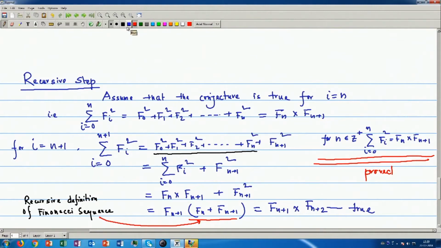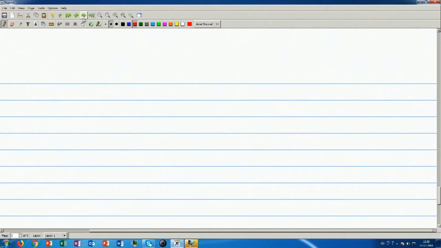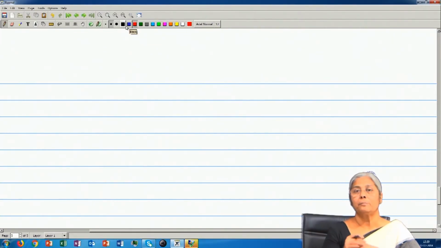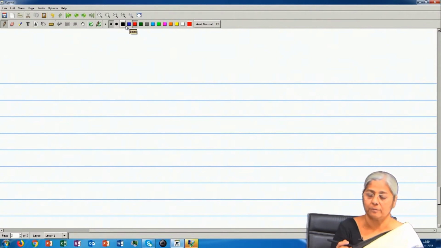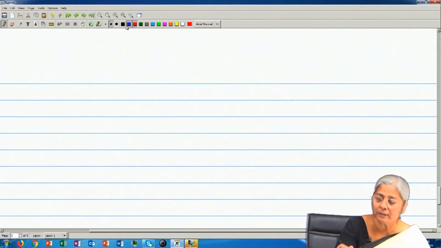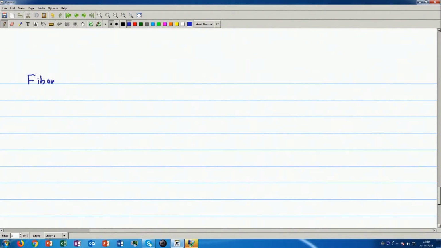Now, we observe the importance of the basis step or the initial condition. So, how do we define the Fibonacci sequence?